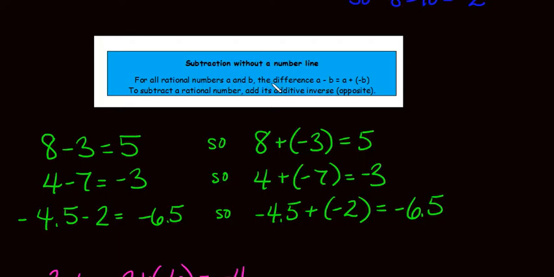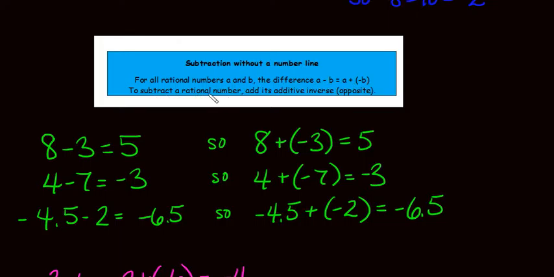Subtraction without a number line. Let's think if we don't have a number line in front of us. So for all rational numbers A and B, the difference, A take away B, is actually equal to A plus negative B. So we're going to think of it in terms of adding its opposite.